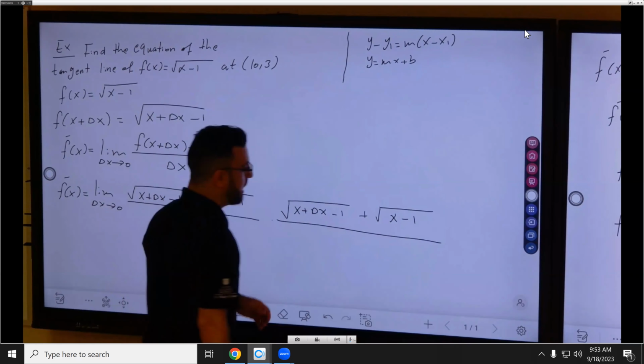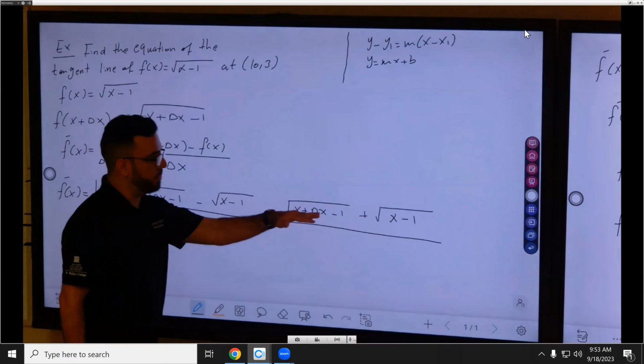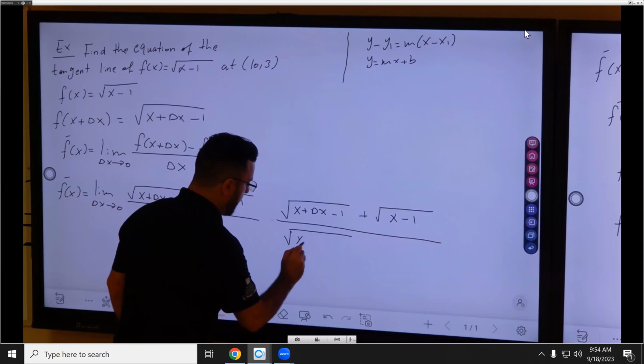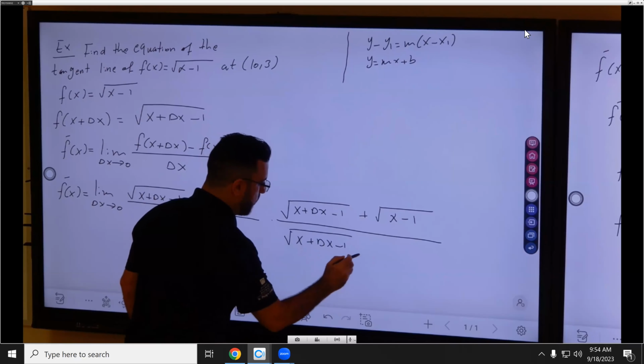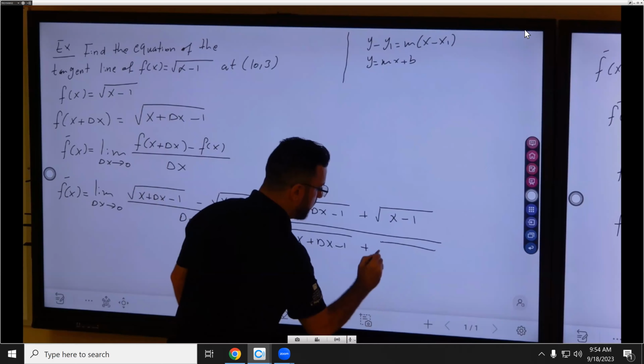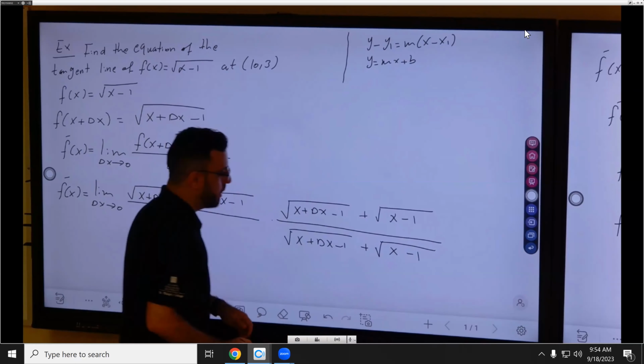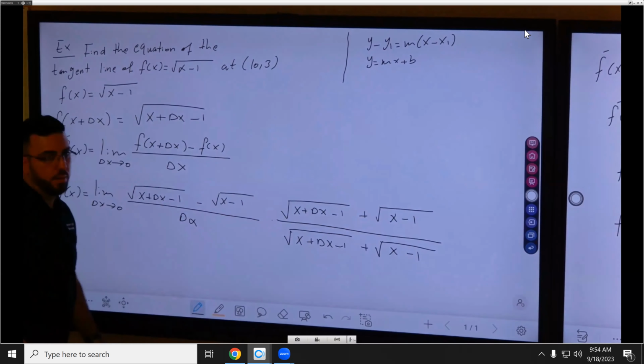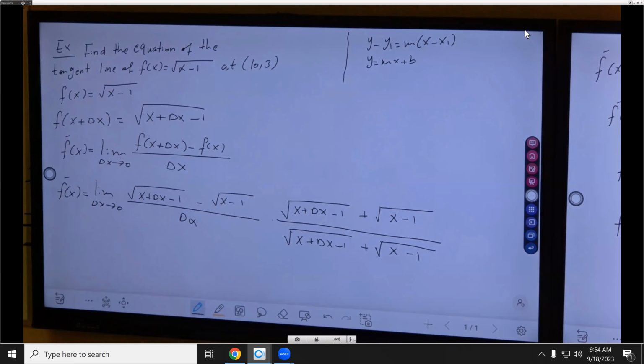You're not going to multiply on the top part only, you have to multiply the bottom part with the same thing. You see the same thing, but different sign in the middle.